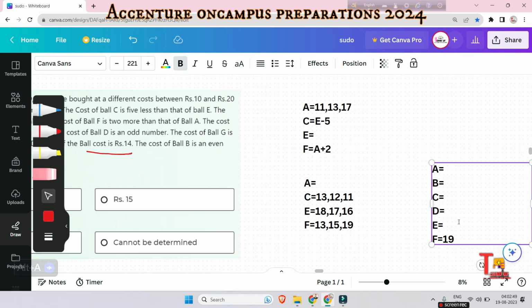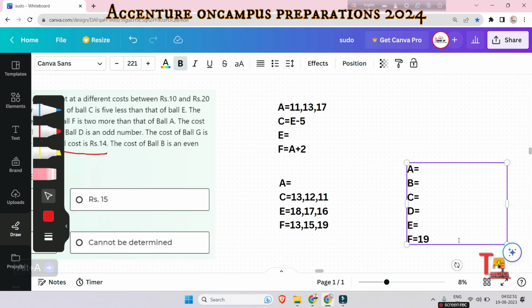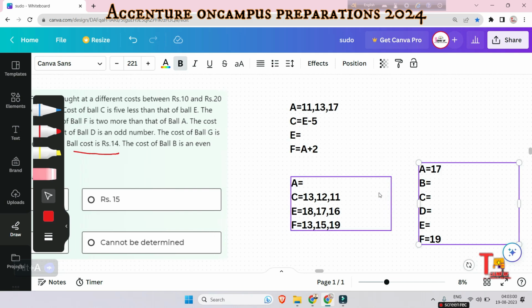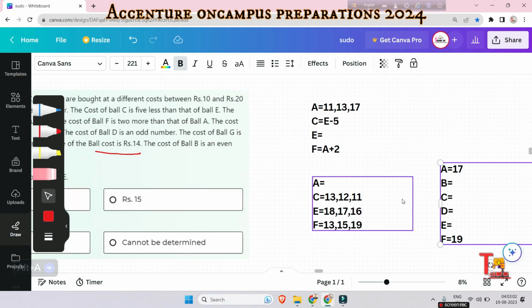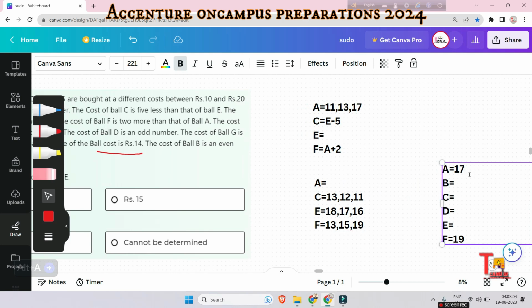So F is 19 and A will be 17, because A is equal to F minus 2. I mean F is equal to A plus 2. So this way we can determine the values of A and F.